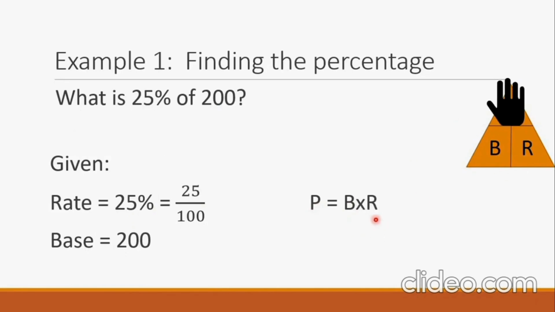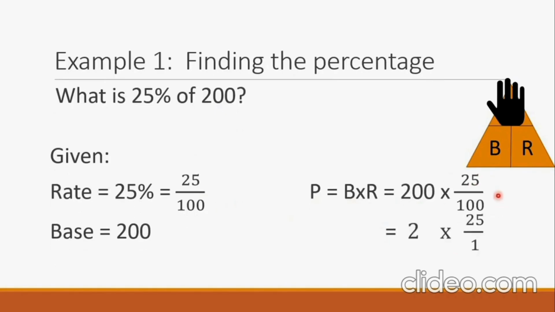So here, B times R. And then I will now substitute the values. The B is 200. The R, I will now use this 25 over 100.